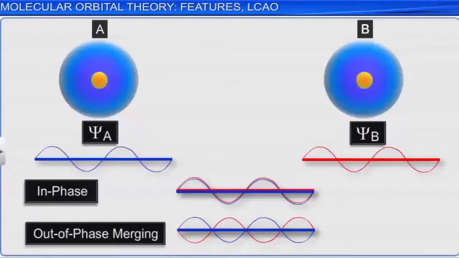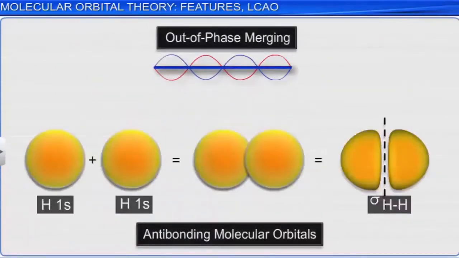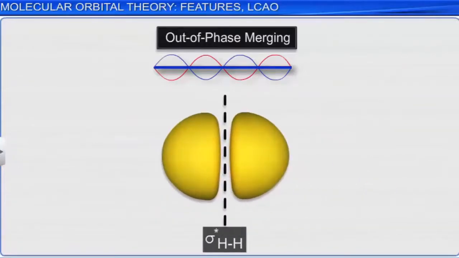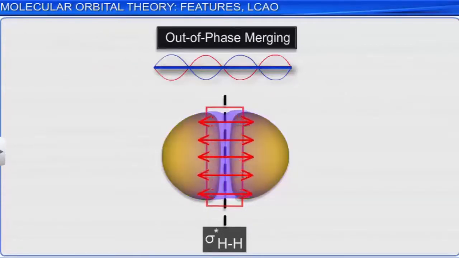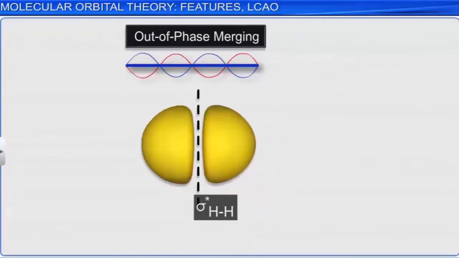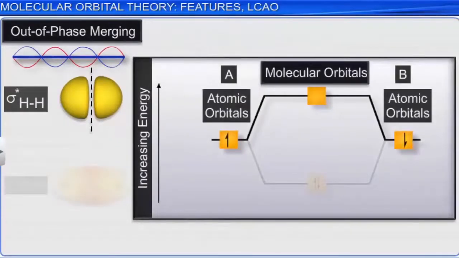When the two electron waves are out of phase, they form antibonding molecular orbitals. Here, the electron density between the two nuclei is reduced such that it is zero at the nodal plane. This leads to mutual repulsion of the electrons, as the energy of the mutual repulsion is more than the attraction between the electrons and the nuclei, and the net orbital energy increases.